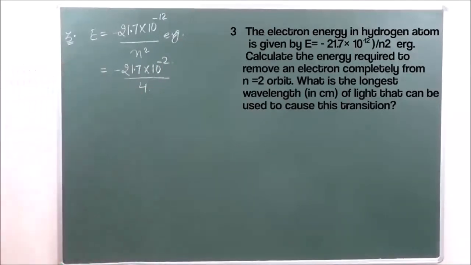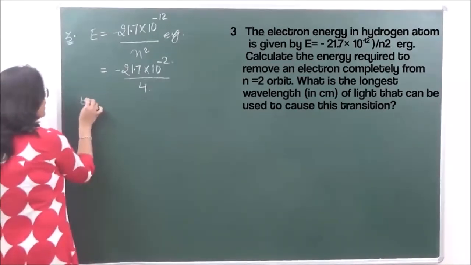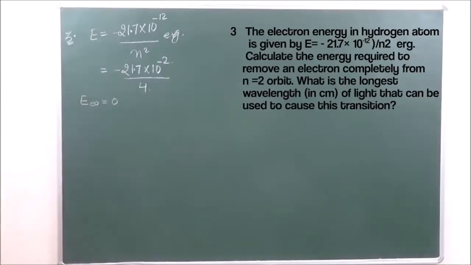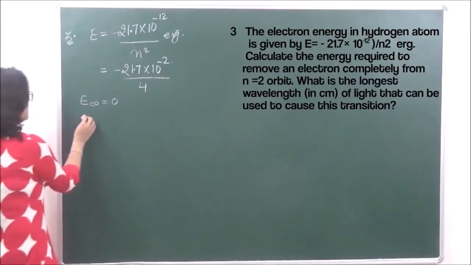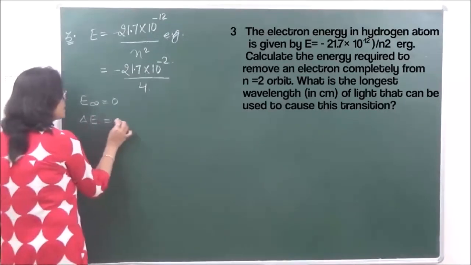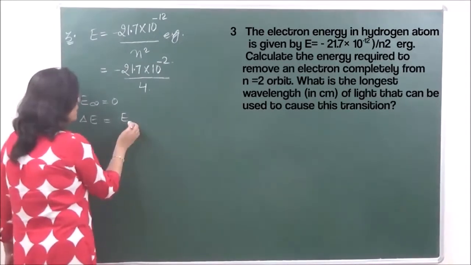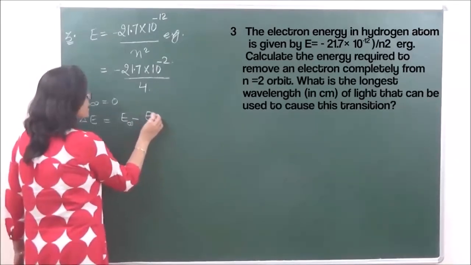Now energy at infinity, because we have to extract the electron, energy at infinity is going to be equal to 0. That we had already done. So delta E will be equal to E infinity minus E2.